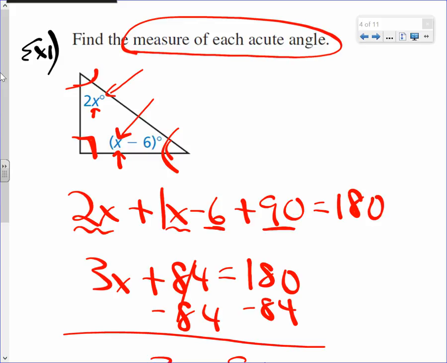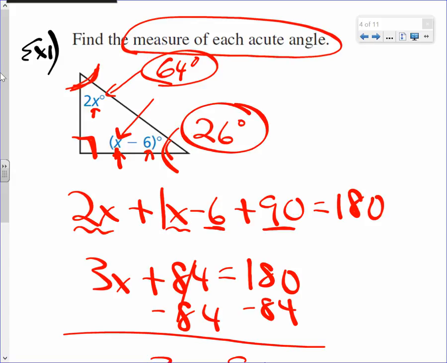So 2 times 32. What is 2 times 32? So this is 64 degrees. So this acute angle is 64 degrees. That's one answer. And then 32 minus 6 degrees would be the other acute angle, which would be 26. 26 degrees.